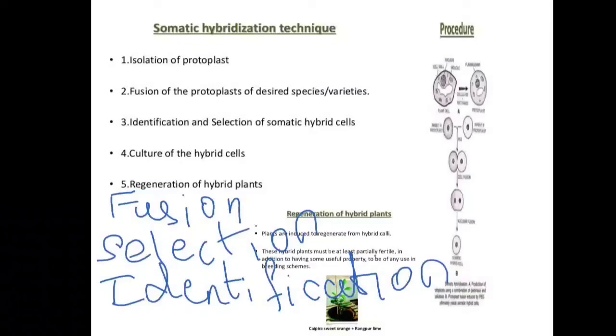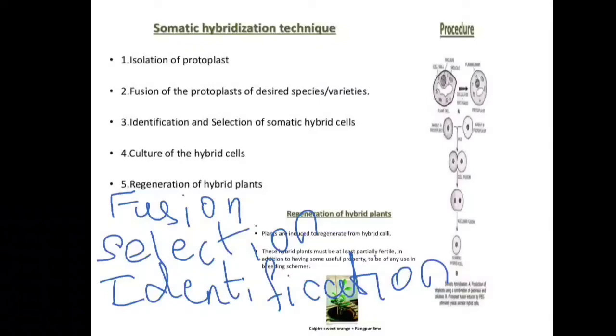And here also the polyethylene glycol causes rapid accumulation, and the formation of clumps of the protoplast occurs. And in the third step, that is the formation of heterokaryons, the fused protoplasts get rounded as a result of cytoplasmic bridges, which lead to the formation of the spherical homokaryon or heterokaryon. Okay, so these are the steps involved in the induced fusion.